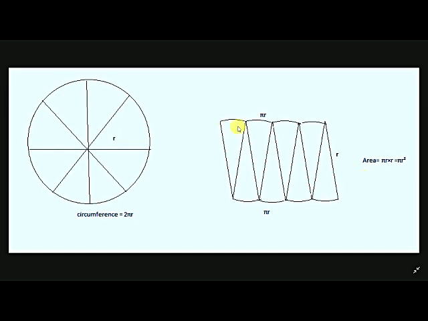Now we see that this figure looks like a rectangle, quite similar to a rectangle actually. So length into width, length here is pi r and width is r, so the area is pi r into r, that is pi r square.